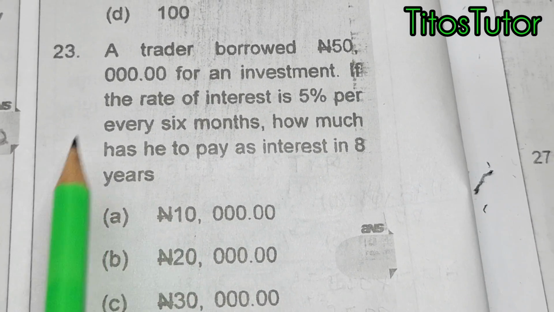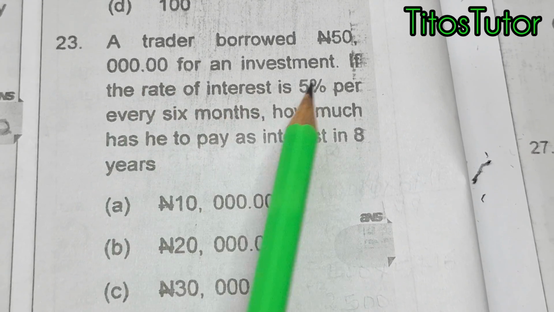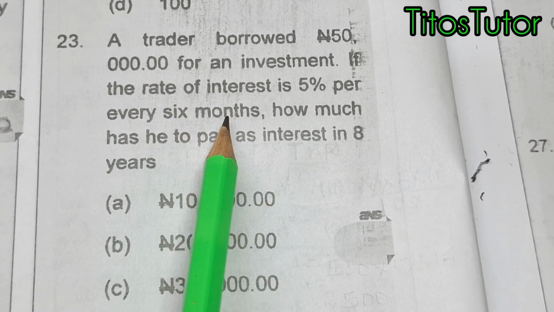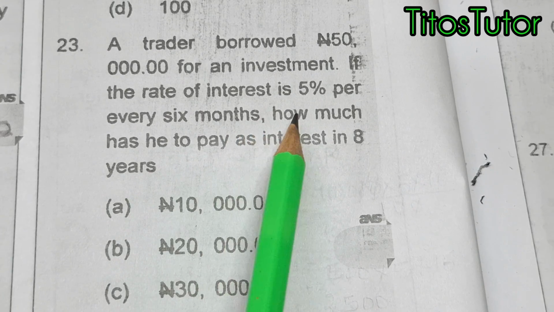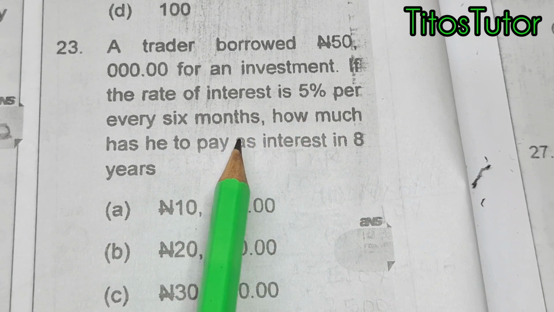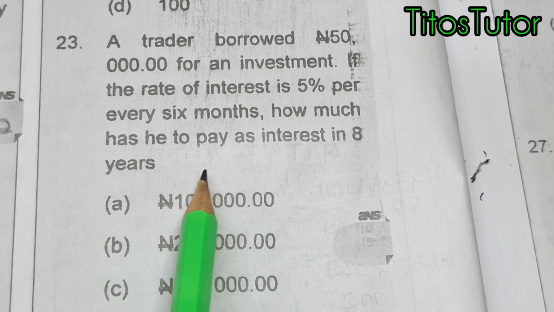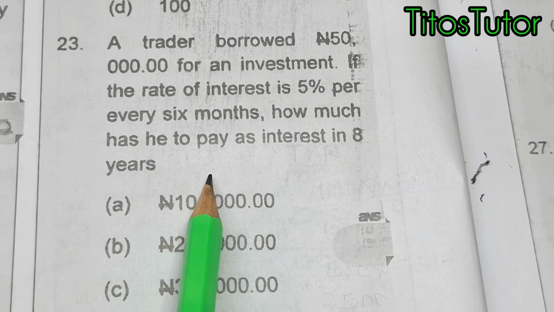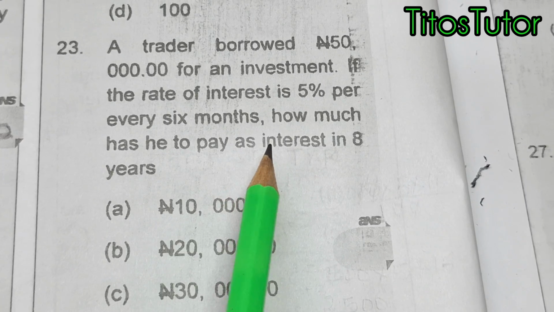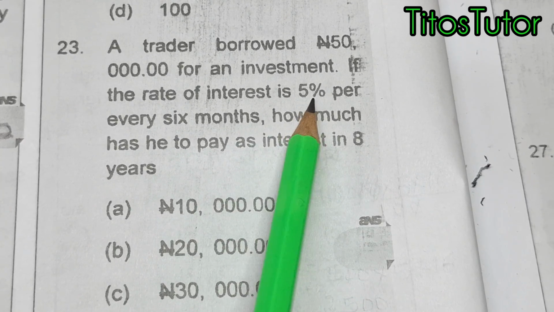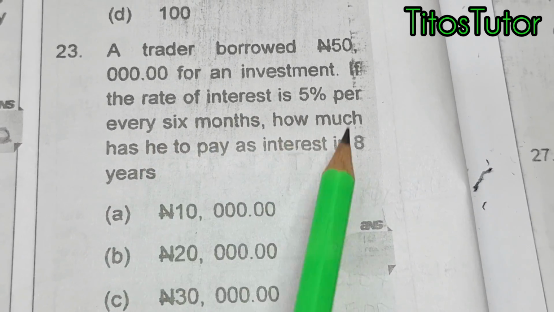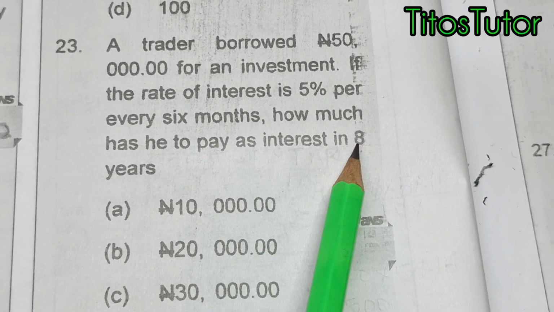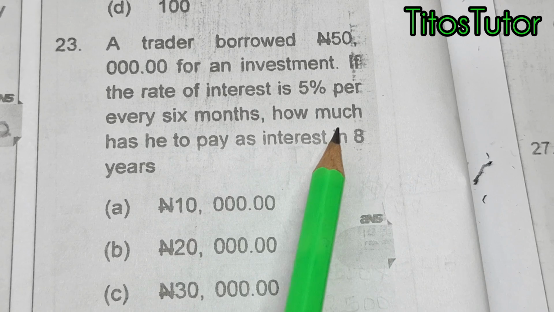Here is question 23. A trader borrowed 50,000 naira for an investment at the rate of interest of 5% for every 6 months. How much has he to pay as interest in 8 years? In this question, you have to be careful because it is 5% for every 6 months. So in 1 year, he will pay interest twice. In 8 years, he will pay interest 16 times.